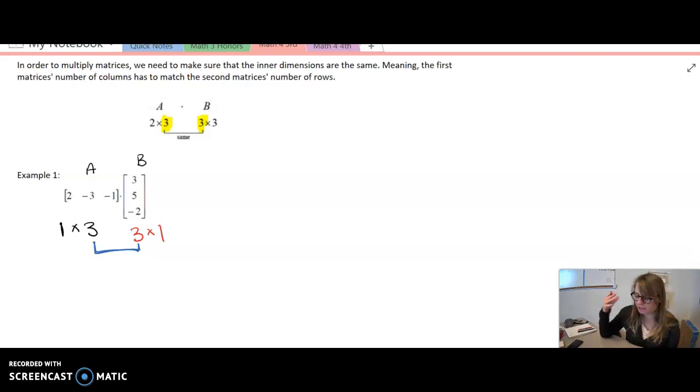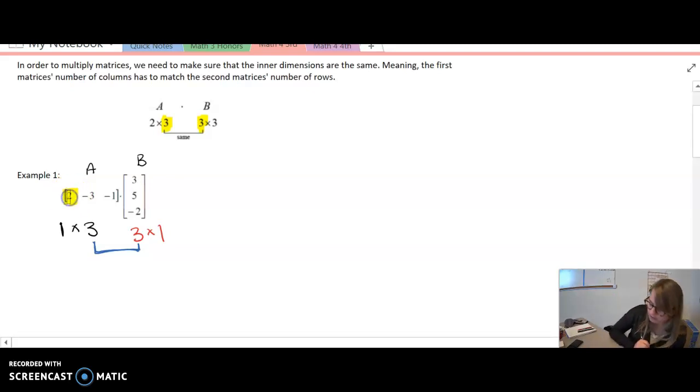When we multiply matrices, it's kind of like we want to do the first with the first. So we're going to do the first column with the first row. That's going to be 2 times 3. Then we'll do the second with the second, the second column with the second row. That's going to be -3 times 5.